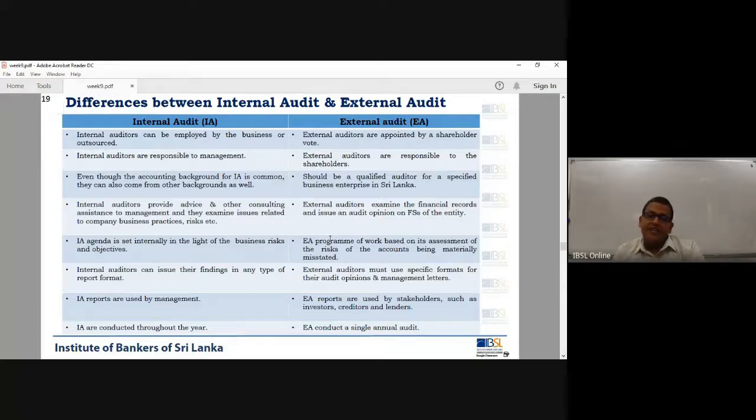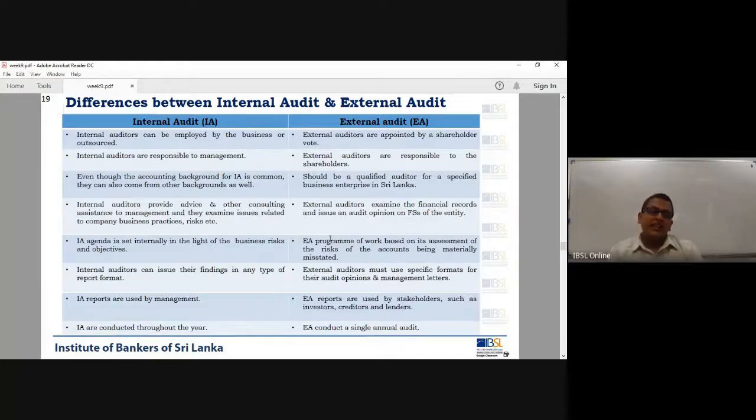And the fourth one is, internal auditors provide advice and other consultancy assistance to management, and they examine issues related to company business practices, risk, etc. But external auditors examine the financial records and issue an audit opinion on the financial statements of the entity.